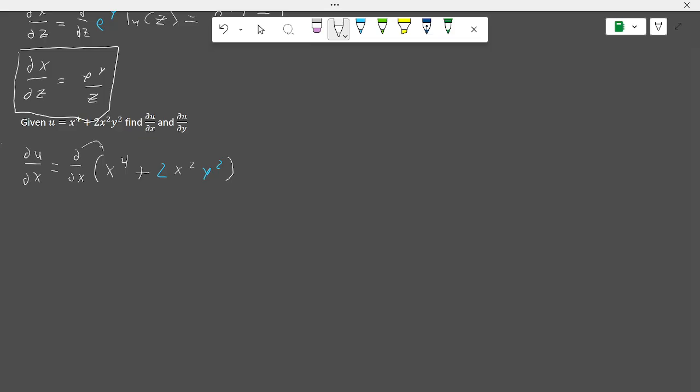Now we can distribute this through and take out the constants, so that will leave us with the derivative with respect to x of x to the fourth plus, write those constants in blue, 2y squared times the derivative with respect to x of x squared. Now taking the derivative of these is pretty simple.